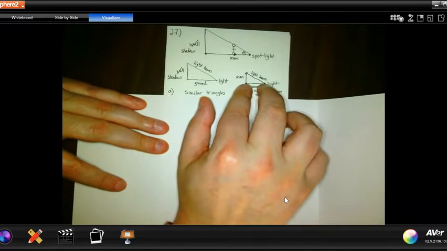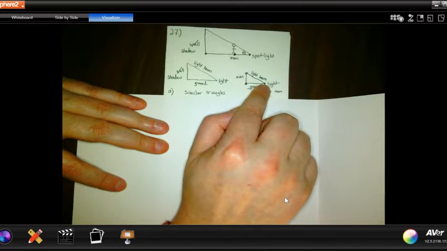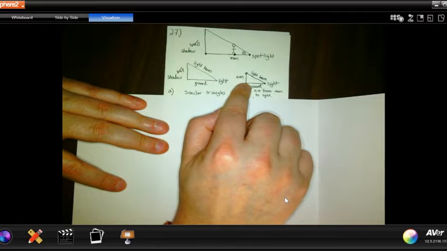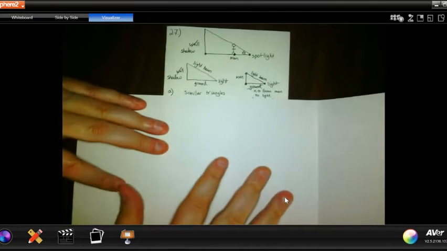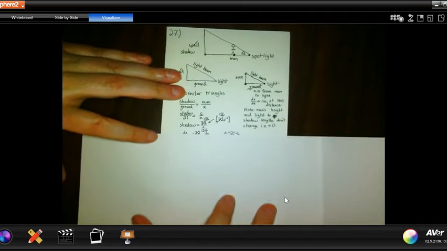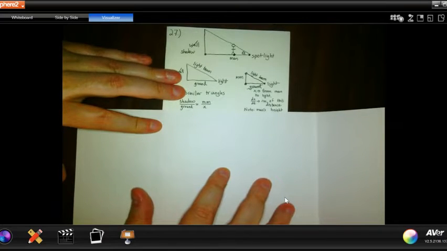Then we've got a smaller triangle overlapping that one: a distance from the light to the man along the ground, the height of the man, and then from the light beam to the man. So because these are proportional, we can make this statement here.